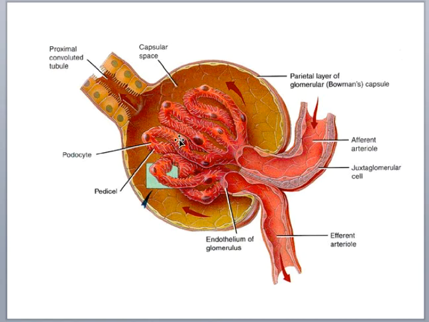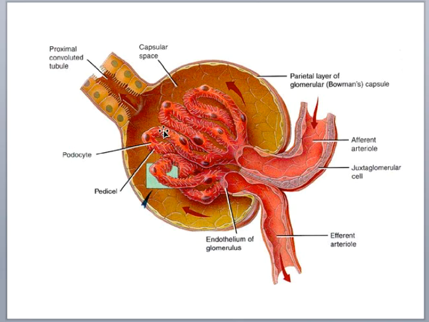Now these podocytes, which make up the visceral layer, are important in filtration. Where you see the cell body and the nucleus, they have long cellular extensions that come off of the cell body, and then multiple little foot-like processes that extend off of that, and those are called pedicels.